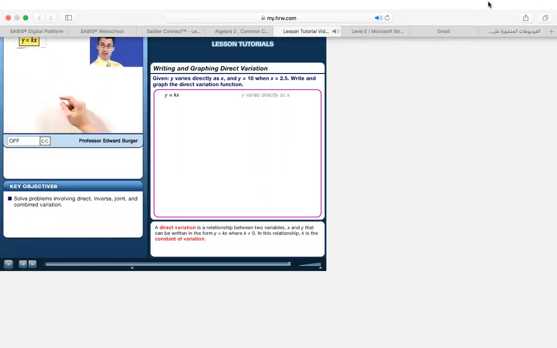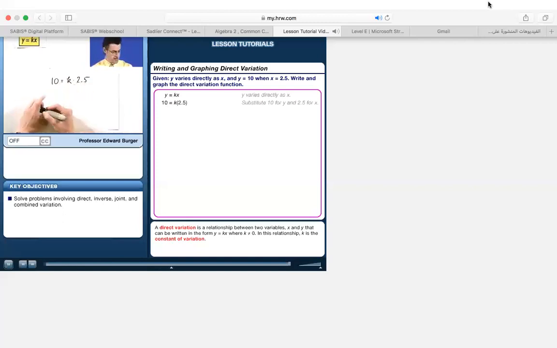Happily, in this example, we're told that y equals 10 when x equals 2.5. That's enough to find k. If I put in 2.5 for x and 10 for y, I can solve for k, and that k is going to make this direct variation function. So what we have here is 10 equals k times 2.5.